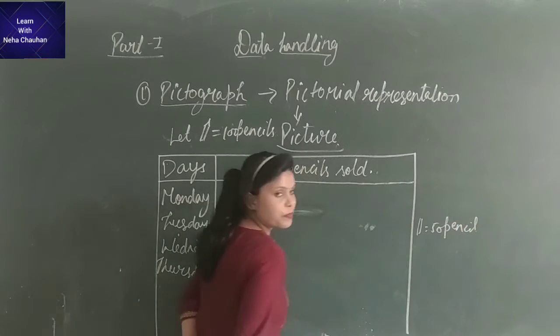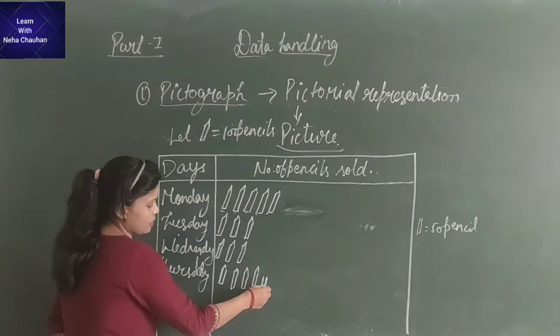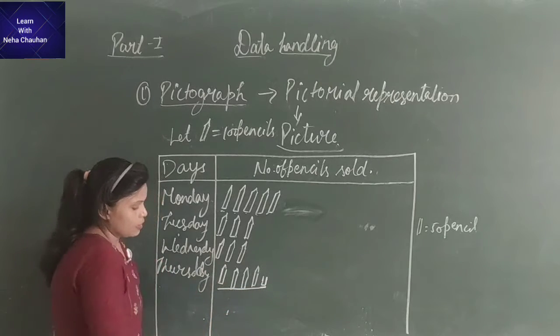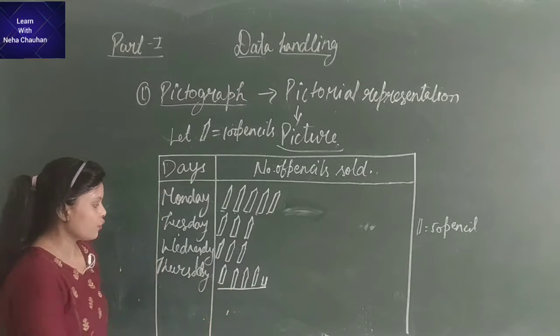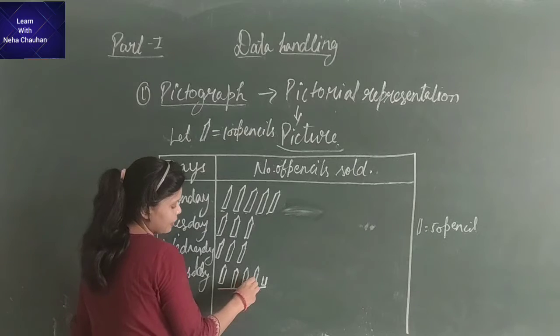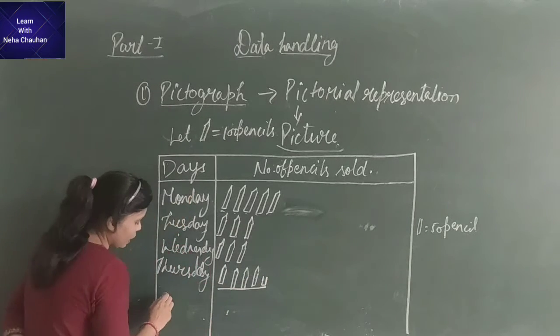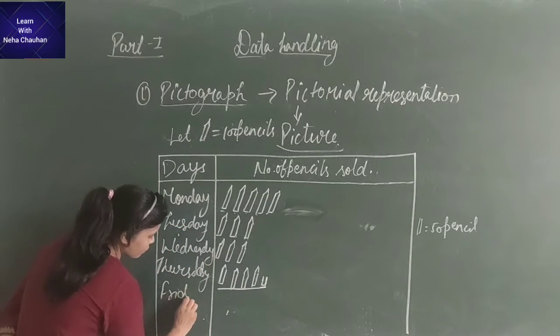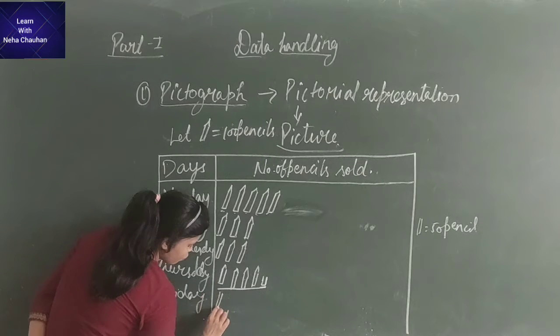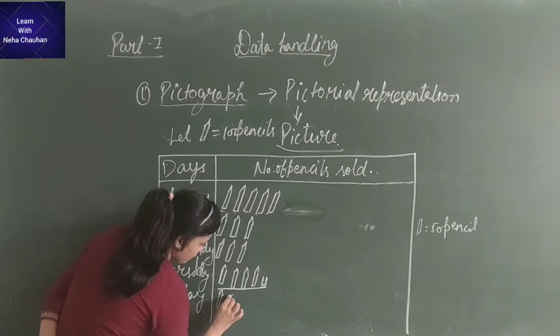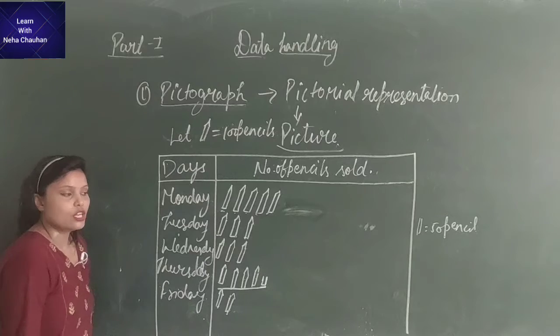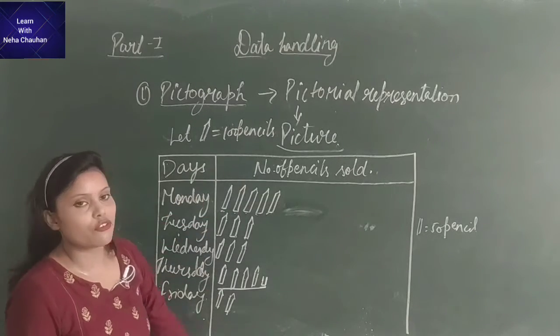So this is the formation of 450: 100, 200, 300, 400 and 450. On Friday, 200. So 2 pencils for 200. So this is the formation of pictograph.